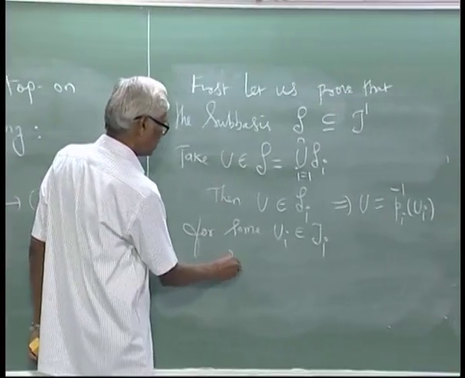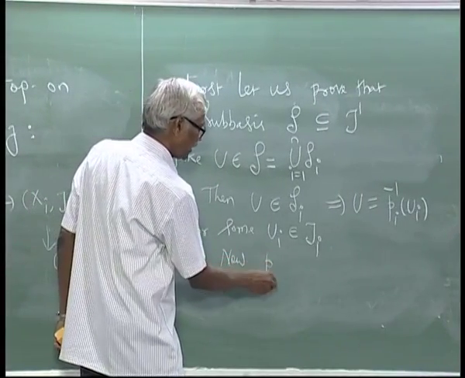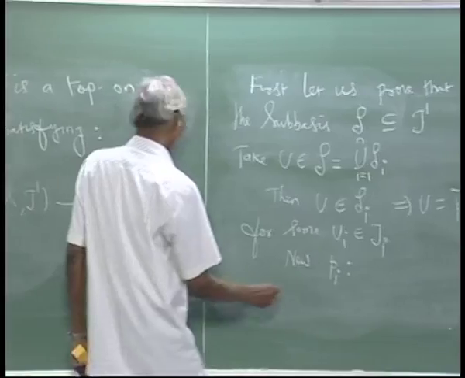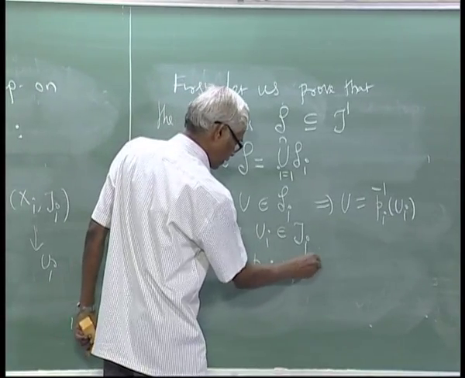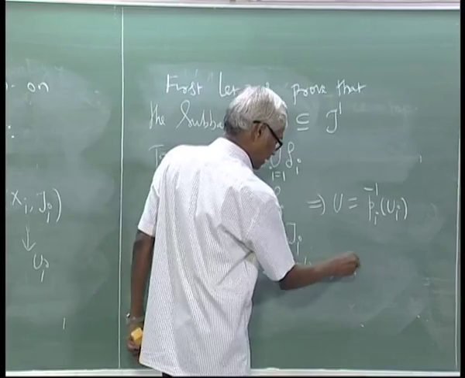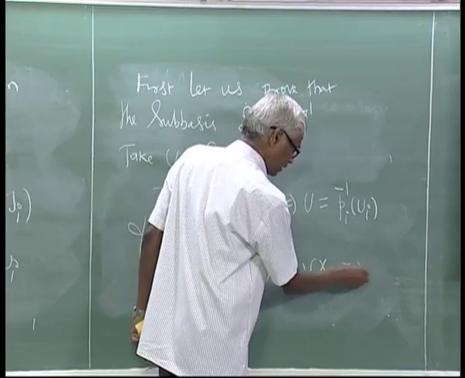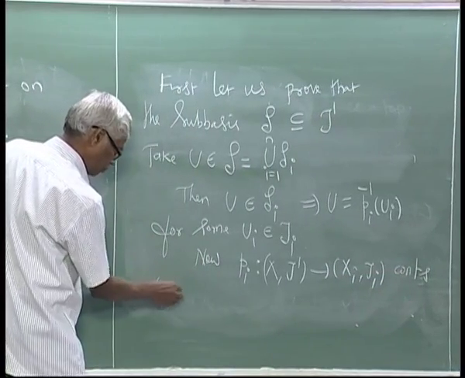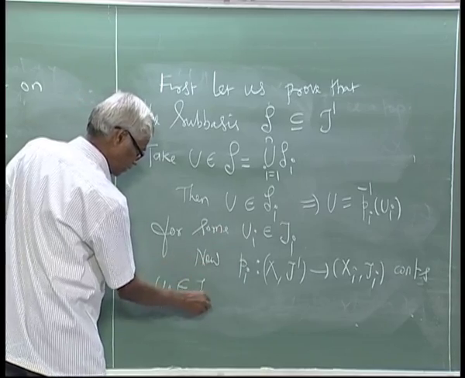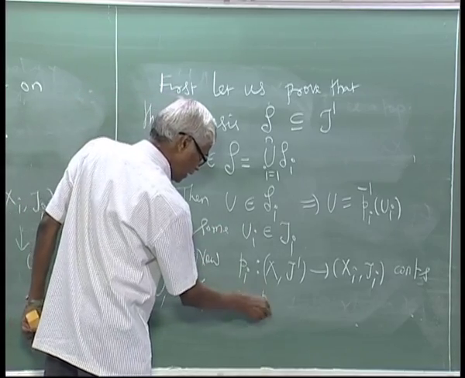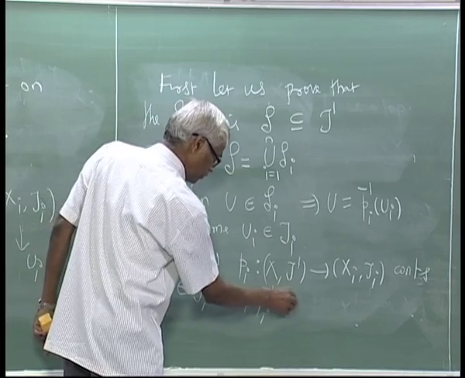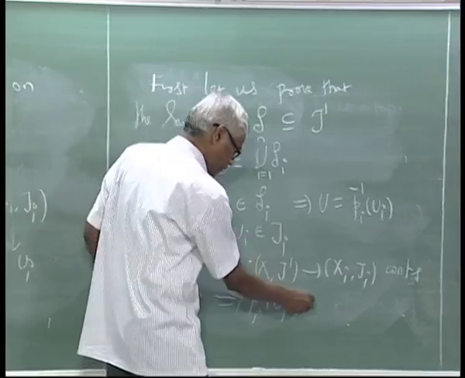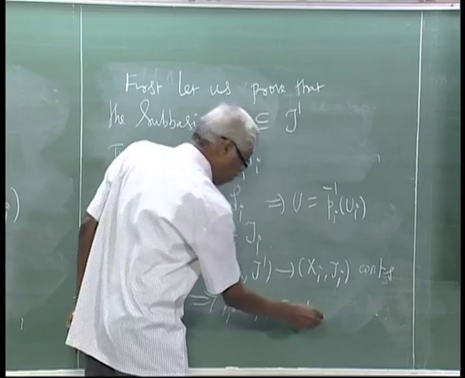Pi from (X, tau prime) to (Xi, tau i) continuous, U_i open in (Xi, tau i) implies Pi inverse of U_i is open in the domain, where the topology is tau prime.